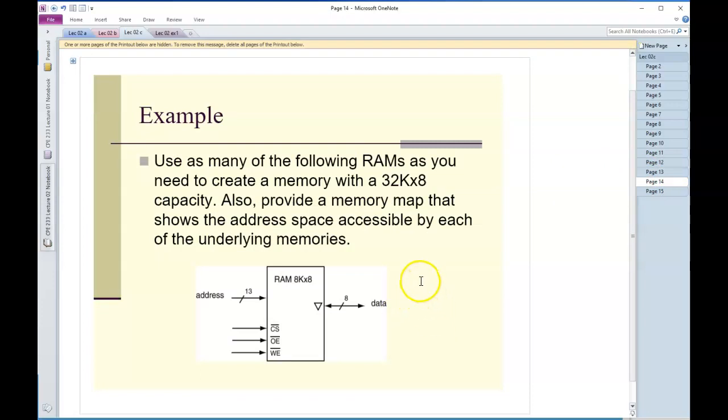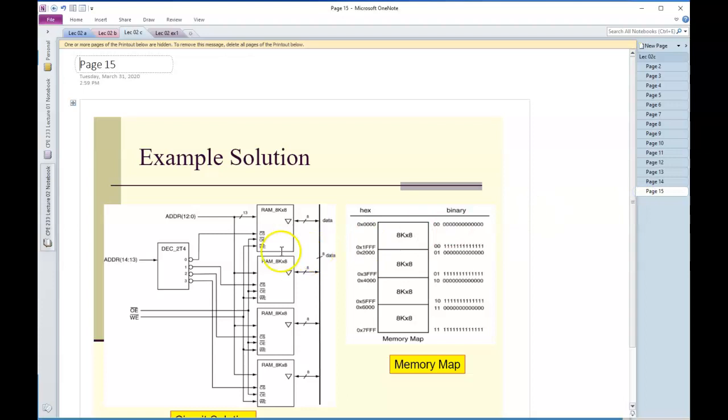A similar example is to take 4 of these devices, 8K by 8, with 13 address lines, and make them into a 32K by 8. The way we're going to do it is we need 2 more address lines. We have 4 of these, so we need a 2 to 4 decoder rather than a 1 to 2 decoder, but everything else is exactly the same.